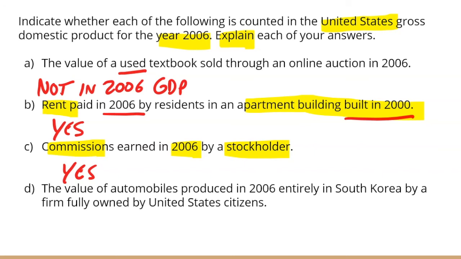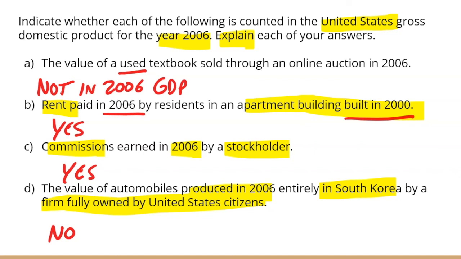Lastly, D, the value of automobiles produced in 2006 in South Korea by a firm fully owned by U.S. citizens. So the answer to this is no. This is not included in the GDP, even though the firm is fully owned by U.S. citizens. The reason why this is not included in the GDP is because the GDP does not include production outside of the given country.